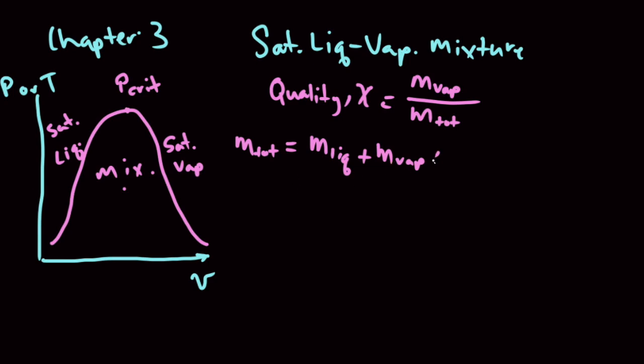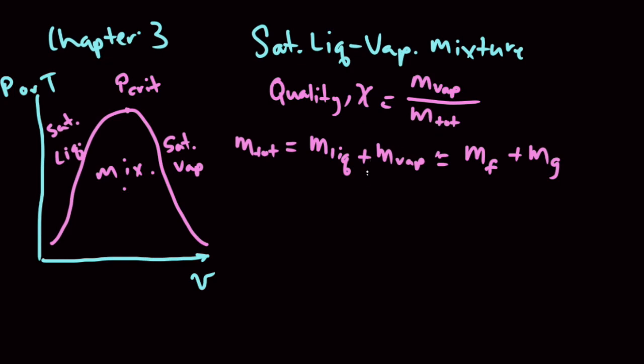There are only two states that we're looking at here. So it's either liquid or it's vapor. And you remember from the lecture, we give the mass of the liquid a subscript of f, and the mass of the vapor a subscript of g. So m sub f plus m sub g is the mass of the liquid plus the mass of the vapor. And the ratio of the mass of the vapor to the mass total is X.